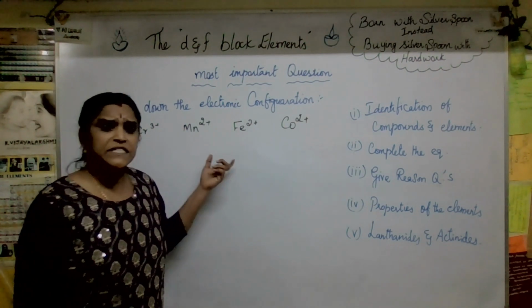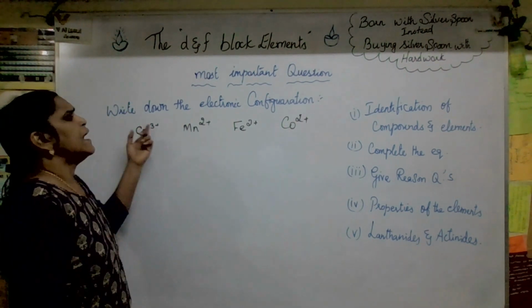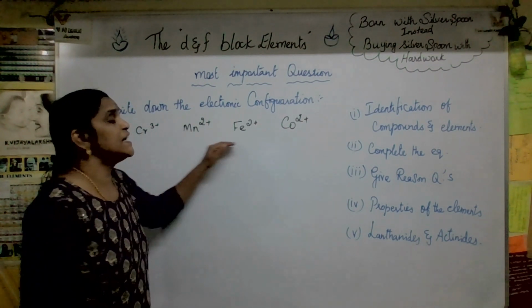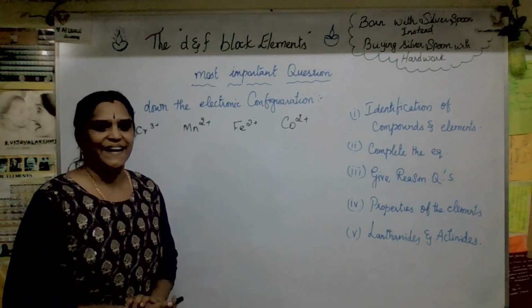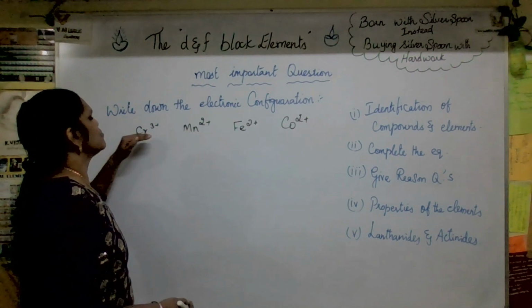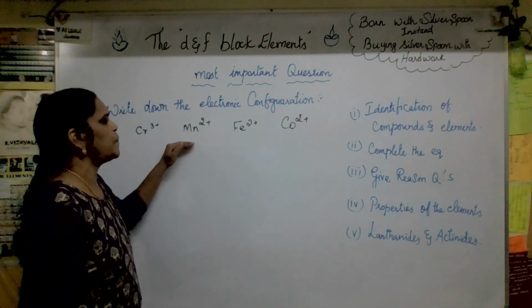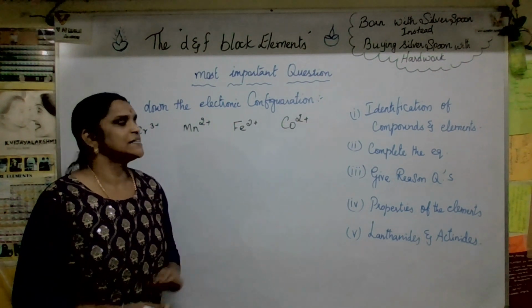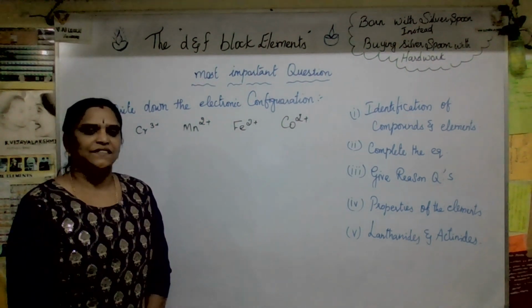Now first and foremost, let us identify the electronic configuration of these ions: Cr3+ ion, Mn2+ ion, Fe2+ ion, and Co2+ ion.